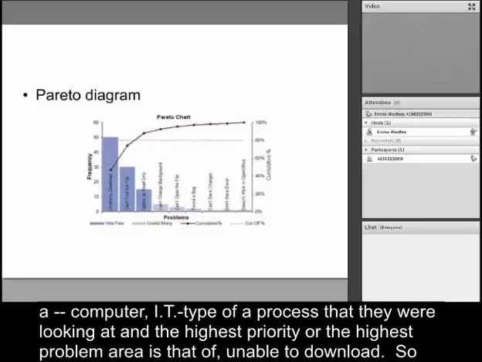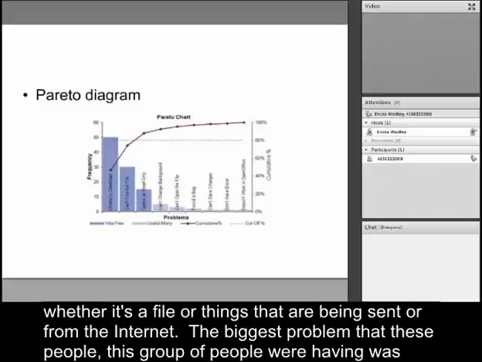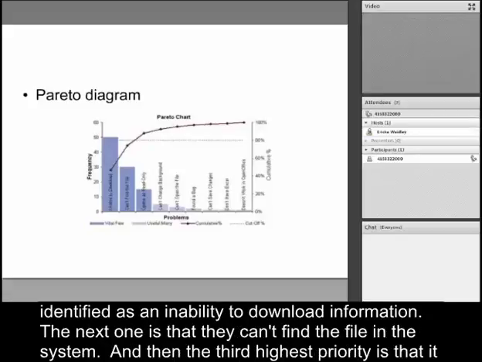And the highest priority or the highest problem area is that of unable to download, so whether it's a file or things that are being sent or from the internet. The biggest problem that this group of people were having was identified as an inability to download information. The next one is that they can't find the file in the system.